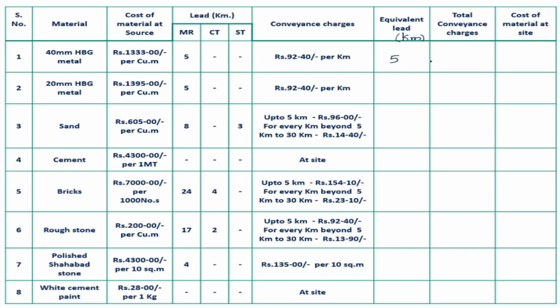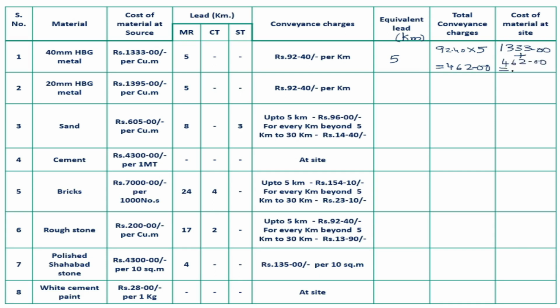And conveyance charge is 92 rupees 40 paisa per kilometer into 5 kilometers, which is equal to 462 rupees. And total cost of the material at site is source cost plus conveyance charge, which is equal to 1333 rupees plus 462 rupees.